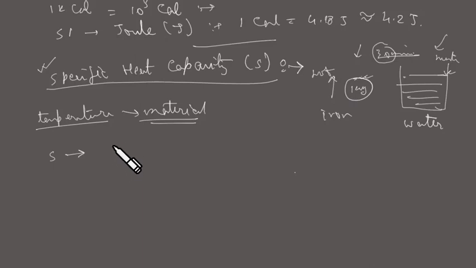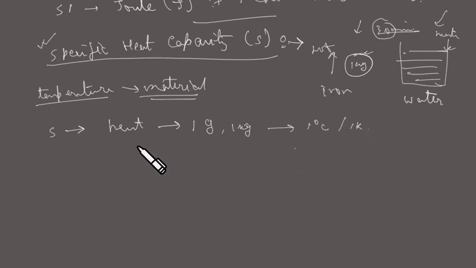So, the amount of heat required to increase the temperature of unit amount, 1 gram or 1 kg or 1 pound, of a body by 1 degree Celsius or 1 Kelvin, that's called the specific heat capacity, and for water it is much more than any other material.